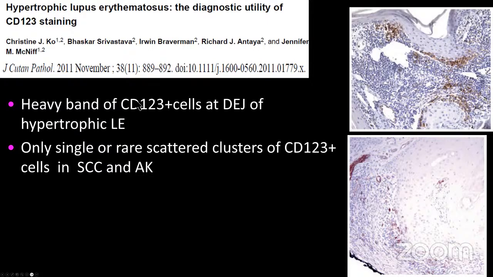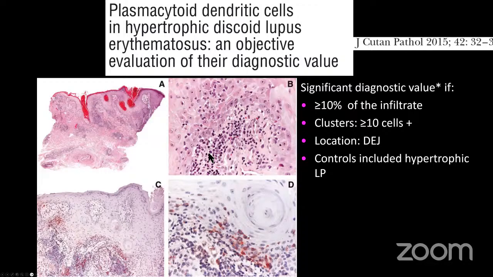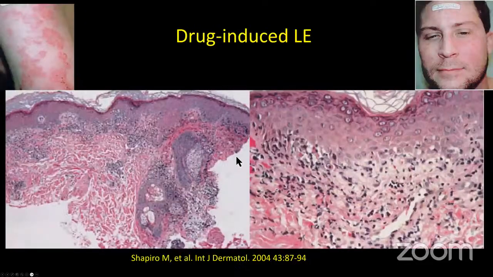Here, they looked at keratinocyte proliferations to differentiate from lupus, and they found that, again, this clustering of the plasmacytoid dendritic cells was helpful in differentiating lupus from well-differentiated squamous cell carcinoma. And these authors show the same thing, and they also looked at, I think, keratoacanthomas and squames in their study.